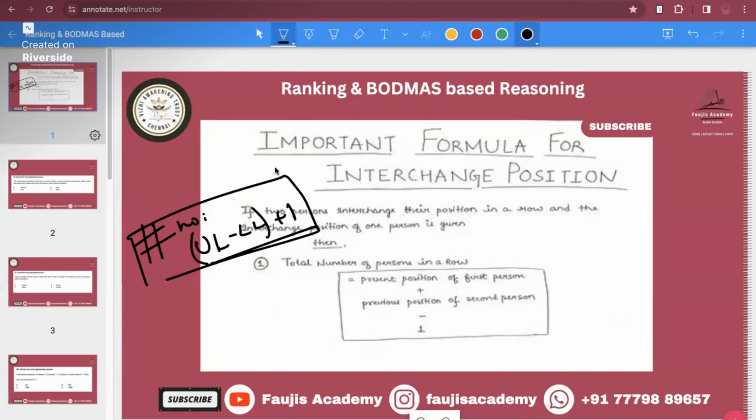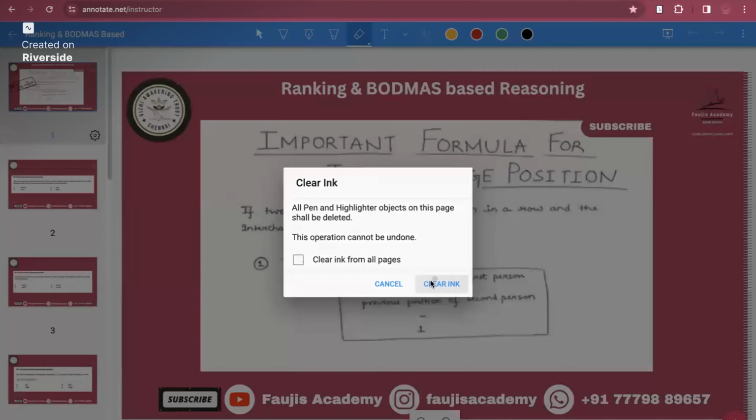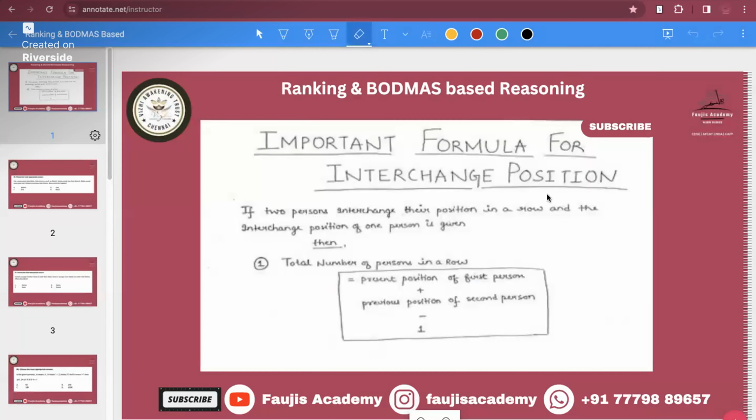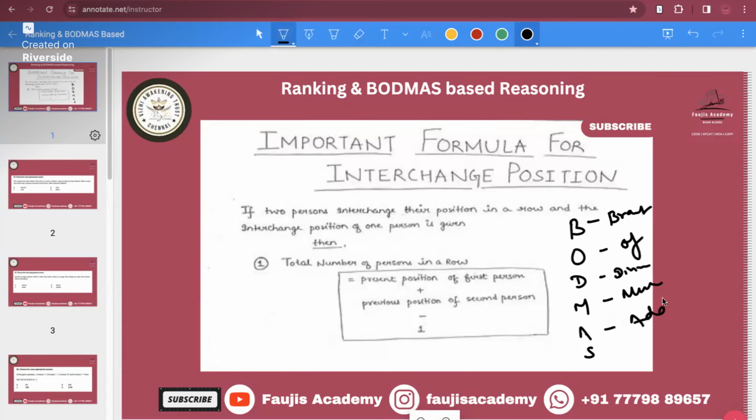Cool? Now, let's touch upon the topic of BODMAS. We will be solving BODMAS based reasoning questions, but before that, it is imperative for us to understand what exactly BODMAS is. B stands for bracket, O stands for of, D stands for division, M stands for multiplication, A stands for addition, and S stands for subtraction.